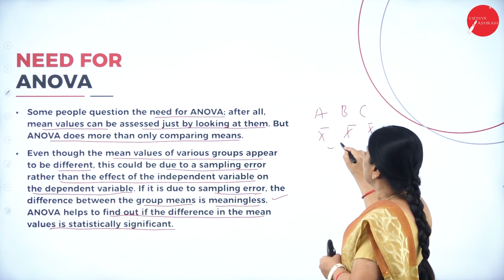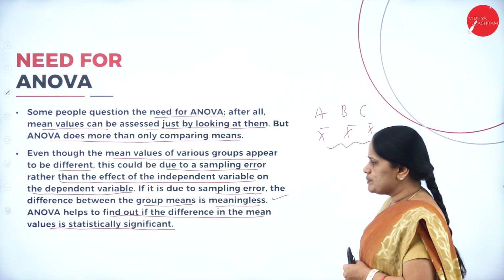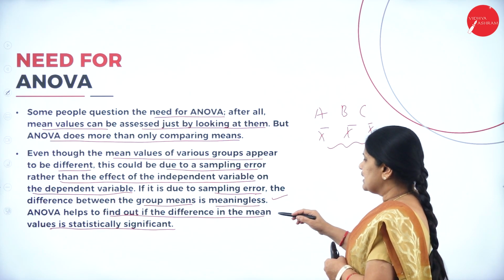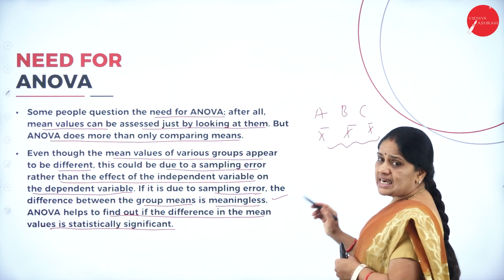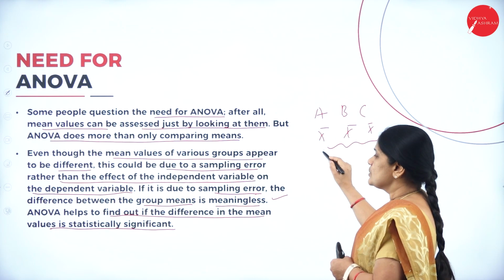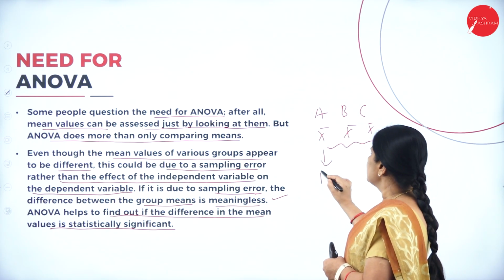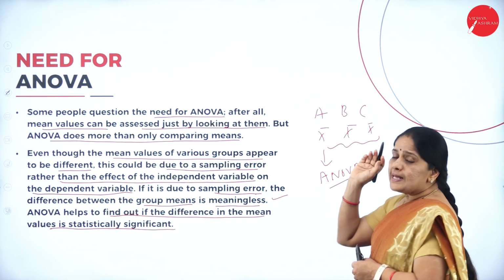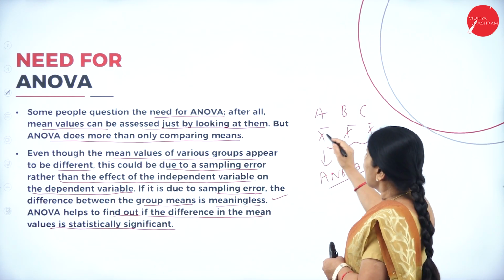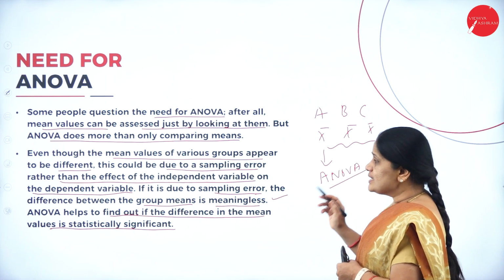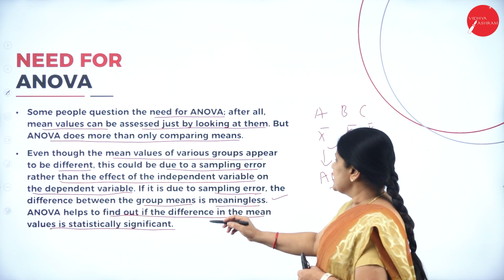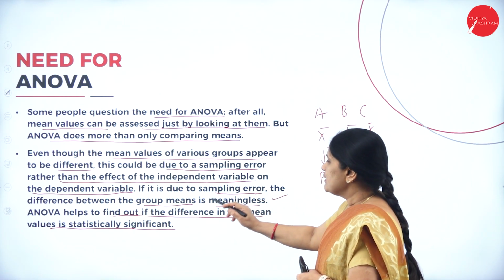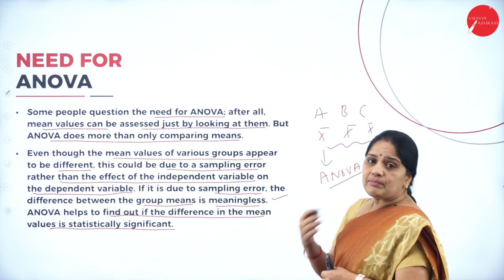Now when you compare the means of various groups and find out that the difference in the mean value is statistically significant, this ANOVA will help us to find out whether there is a significant difference in the mean values of the various groups. If it is due to sampling error, the difference between the group means is meaningless.